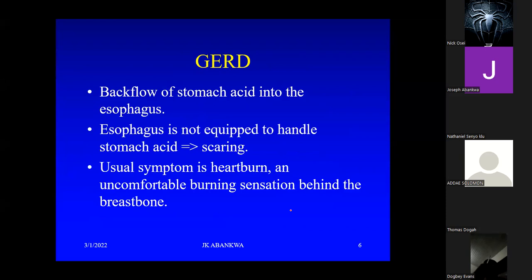Mind you, the stomach is actually designed to handle acidic conditions. But the esophagus, okay, is not designed to handle acid conditions.